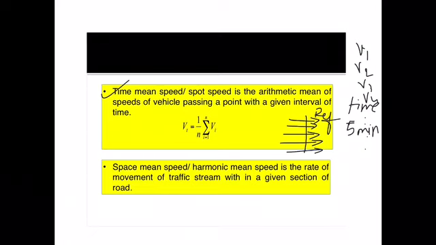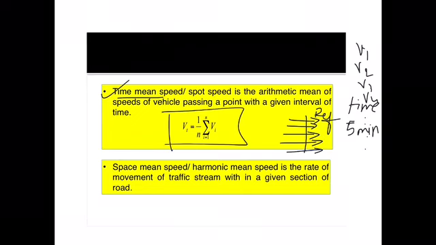So you have a reference point and a fixed duration. Whatever number of vehicles passes the reference point, note down the speed of each and every vehicle. The average of all the vehicles gives you the time mean speed. It is defined as the arithmetic mean of the speed of the vehicles passing a point within a given interval of time.